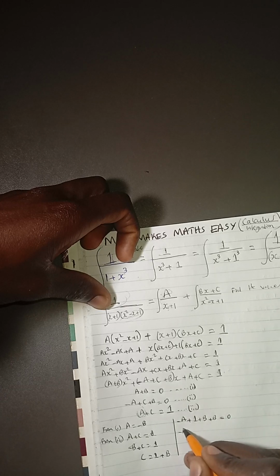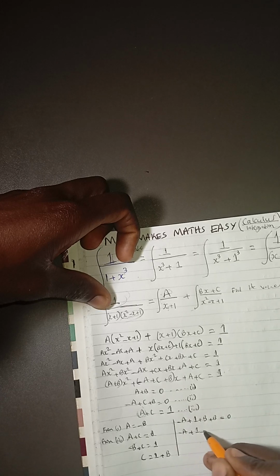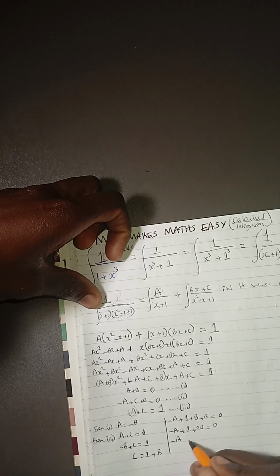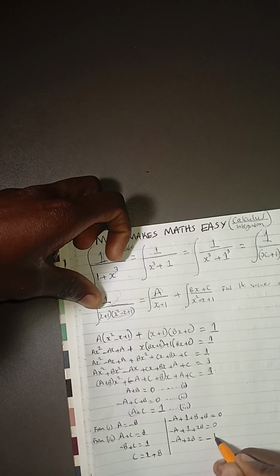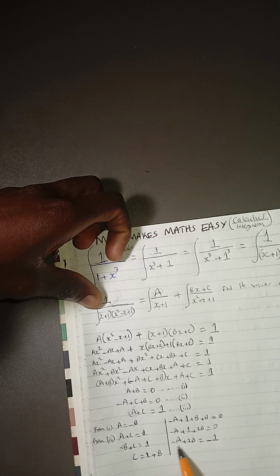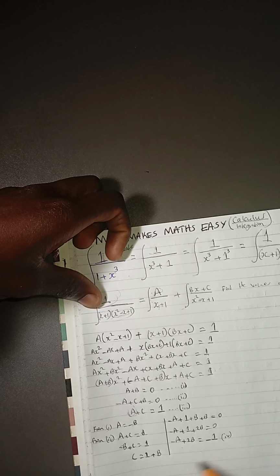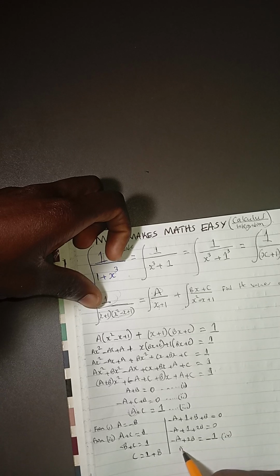Then minus a plus 1 plus 2b is equal to 0. Then minus a plus 2b is equal to minus 1. So remember we have this equation, let us call it equation 4, and we have equation 1 over here, which is a plus b is equal to 0.